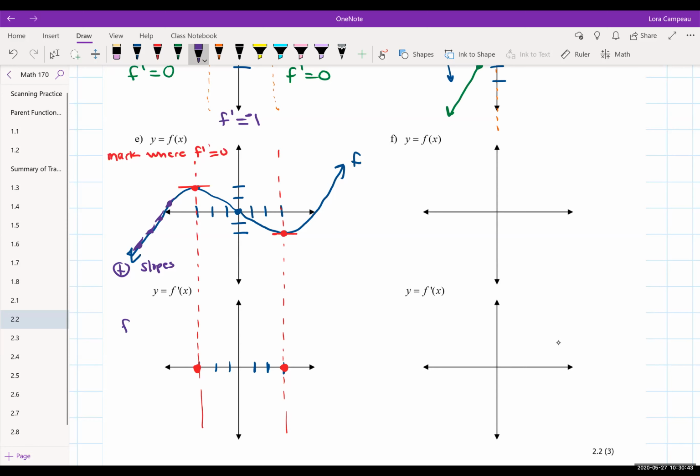So that would imply that my derivative should be greater than 0 at that point. Now they kind of work inversely. You can play around with this, but I'm going to wait before I go through this.